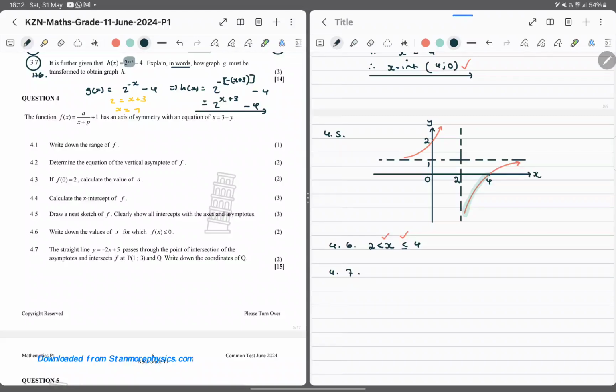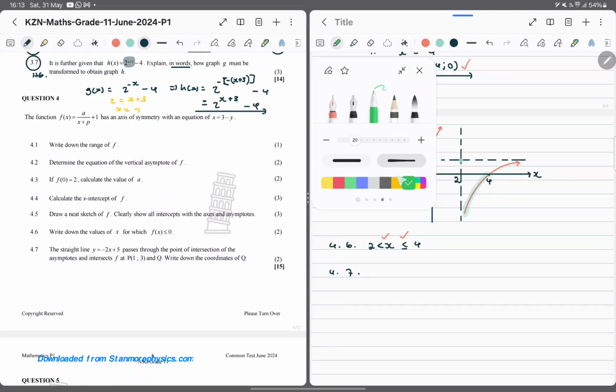4.7. Now we're told also the straight line y equals minus 2x plus 5 passes through the point of intersection of the asymptotes, which is this point right here, and intersects f at P, which is 1 and 3. So let's just draw this sketch nicely.